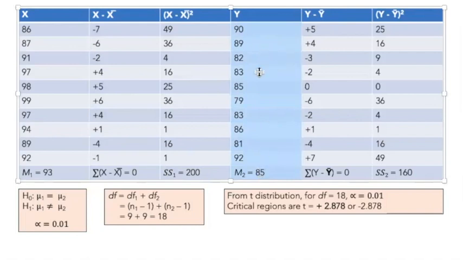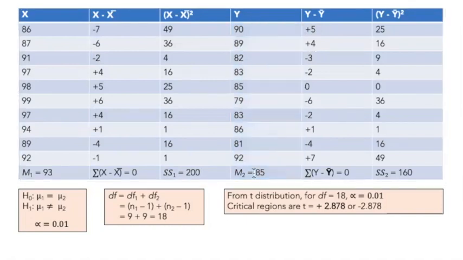So 85 reduced from 90 is plus 5. 89 minus 85 is plus 4. 82 minus 85 is going to be minus 3. 83 minus 85 is negative 2. 85 minus 85 is 0. 79 minus 85 is negative 6. 83 minus 85 is negative 2. 86 minus 85 is plus 1. 81 minus 85 is once again negative 4. 92 minus 85 is plus 7.